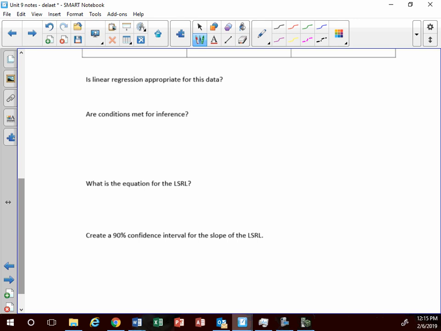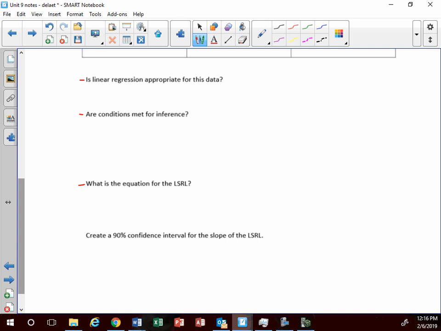Then the conditions, that's when you look at the residual plot, which is sort of reaffirming what you answered in part A. So guys, try the first 2 for me. Let's make sure you're good at the residual plot. You can also give me the equation for the least squares regression line.